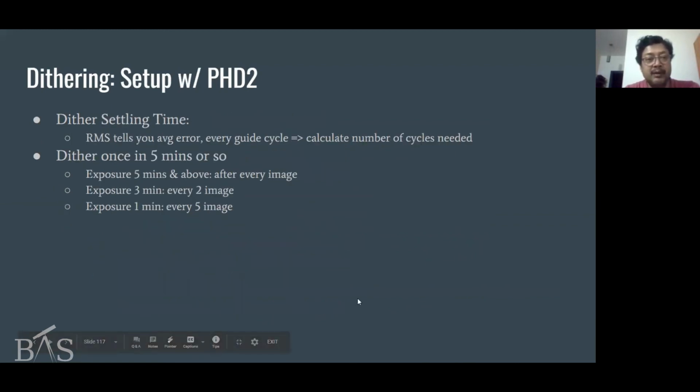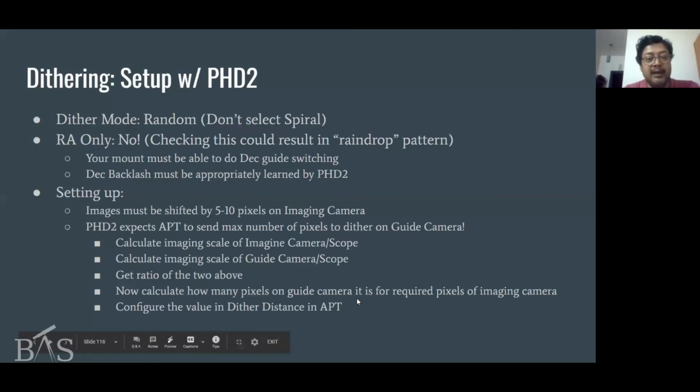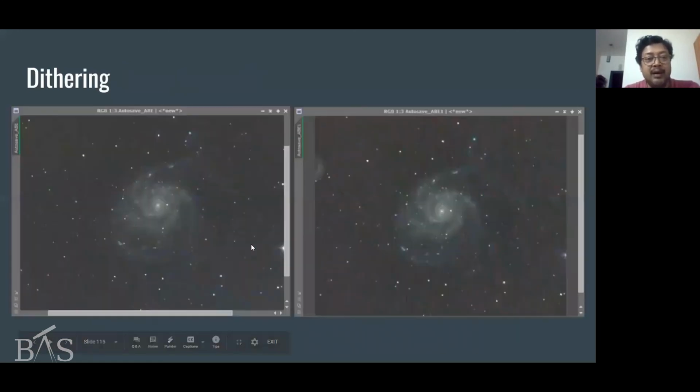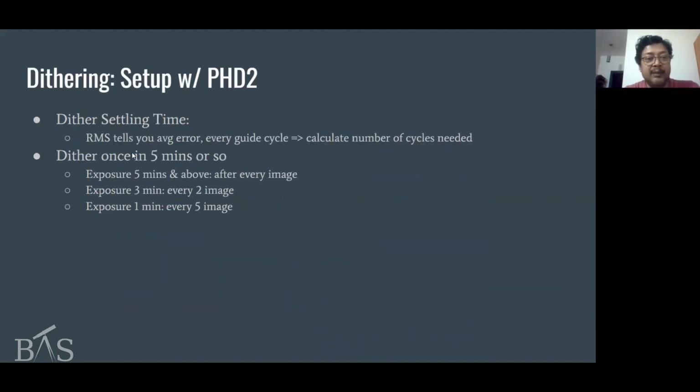Okay. Like I said, there are two costs. One is the settling time. So how do you arrive at the settling time? RMS tells you the average error. That is the average error for the guide exposure. So every 3 seconds, it calculates the distance by which the guide star has moved, averaged over that.